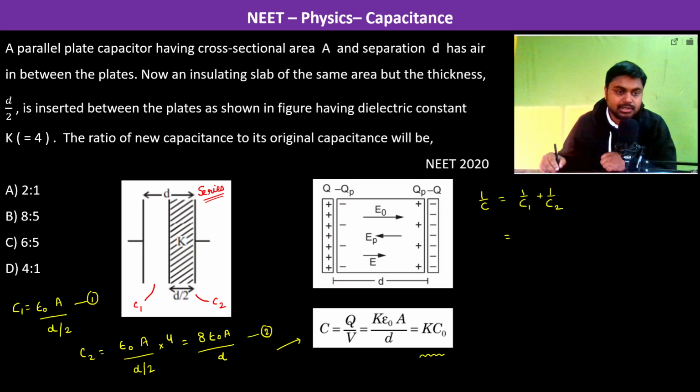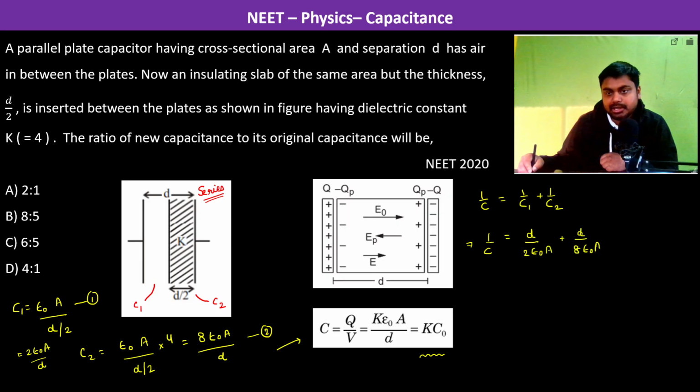C1 can be written as 2 epsilon naught A by D. So therefore this is D upon 2 epsilon naught A plus D upon 8 epsilon naught A. So this becomes D by 2 epsilon naught A into 1 plus 1 upon 4, which is D upon 2 epsilon naught A into 5 by 4.